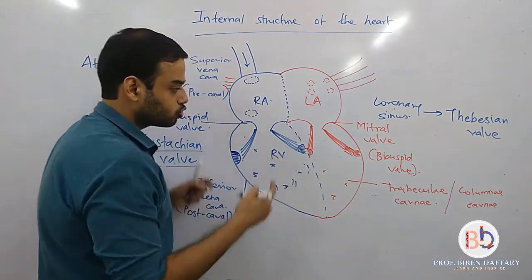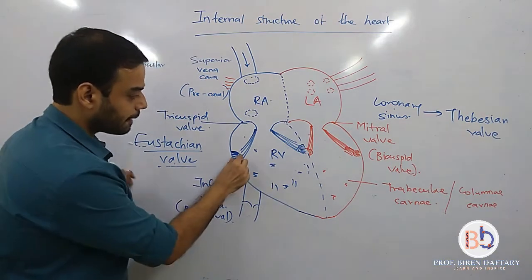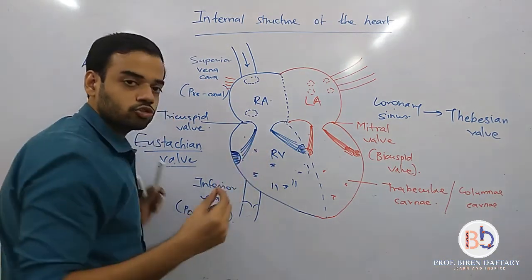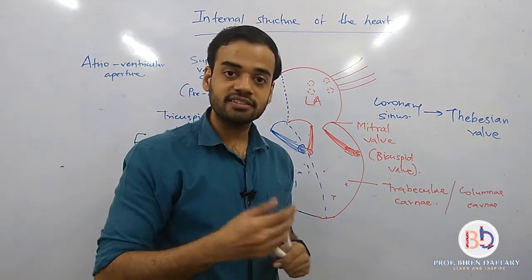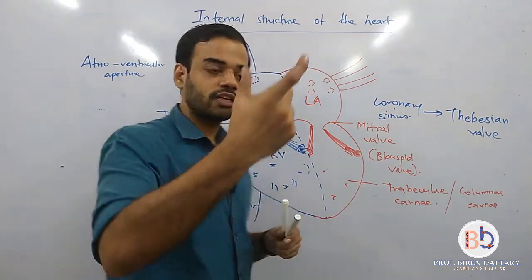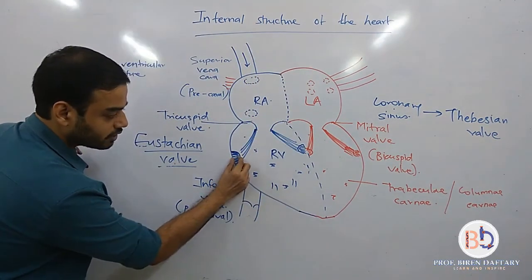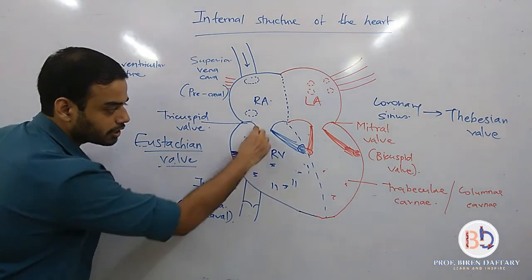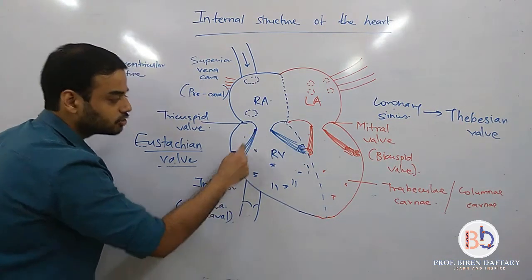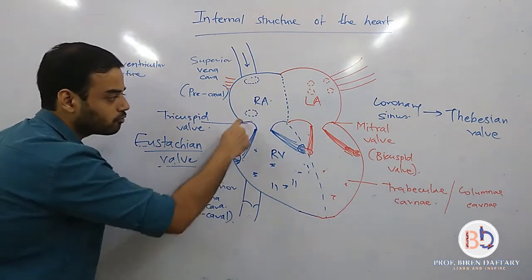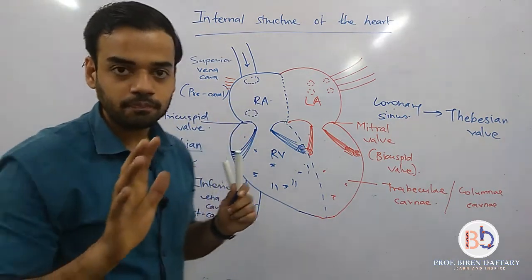What will happen is these papillary muscles will contract. When the muscles contract, their length will shorten. So obviously this will become shorter. So it will pull the elastic fibers. If the elastic fibers get pulled, the valves will open.